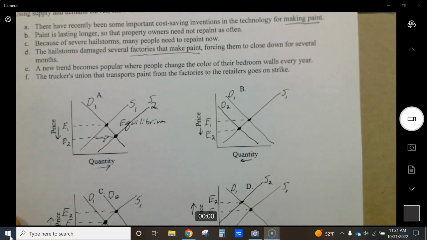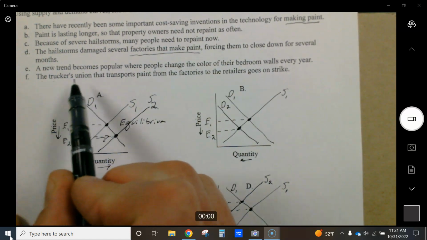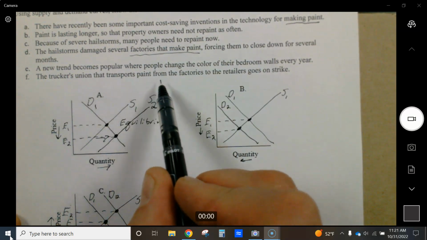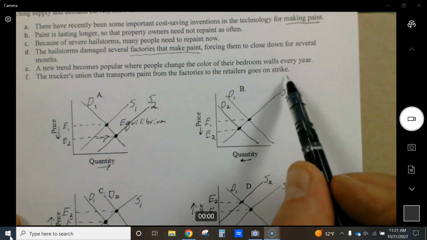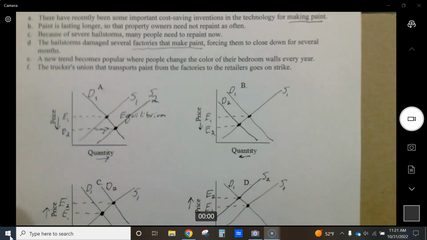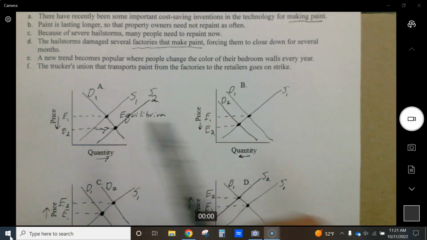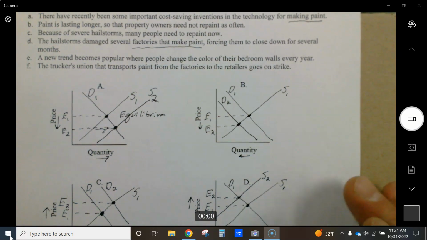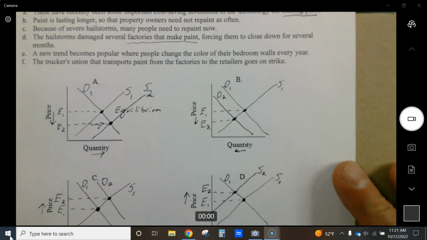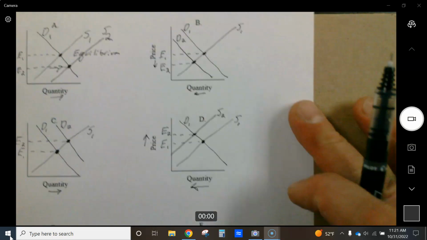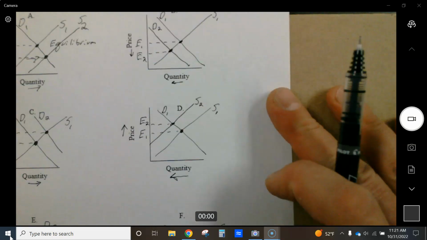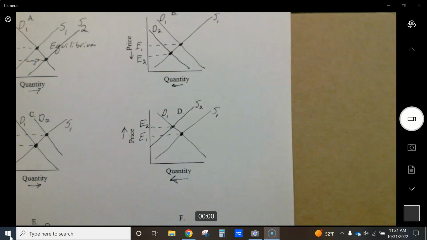product. Okay, then we're going to go to the last one here. The truckers' union that transports paint from the factories to the retailers goes on strike. What does that have to do with paint? Oh, well, you need truckers to ship the product from the factory to the store shelves. So we're going to classify that as the suppliers are having problems getting the paint onto the shelves to the consumers.